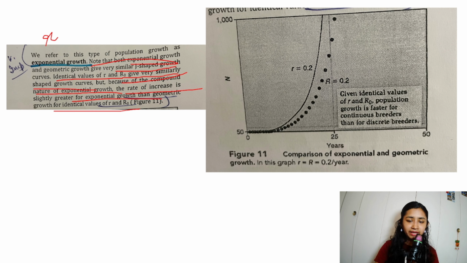If you put them in a graph, you could see that the graph is slightly higher for small r, because for exponential growth the organisms are multiplying continuously, so the growth will be higher.